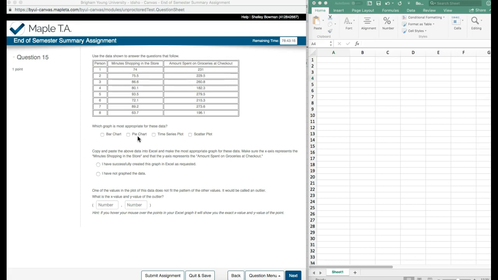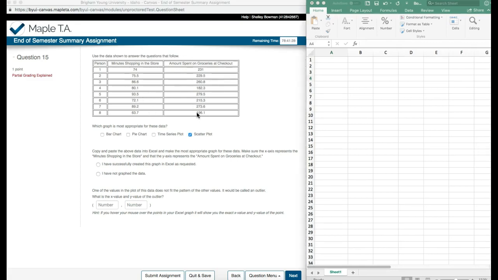Same with pie chart, except the categories usually combine into one solid whole, so also not good here. Time series does have time, except that since I have two sets of data, I'm not going to do the time series because I know scatter plot definitely does use two sets of data.